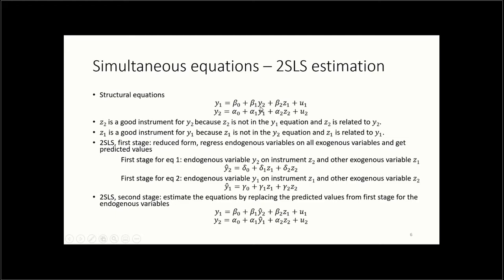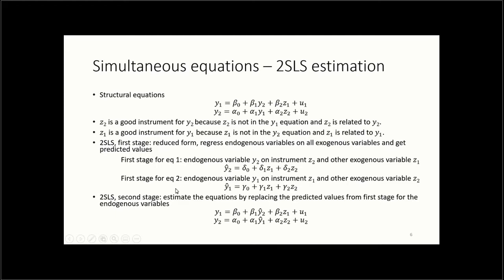So the first stage would be to regress this variable, y2, on the exogenous variable that we have in the same equation, as well as the instrument coming from the other equation, z2. And so now we could get the predicted values here, which is y2 hat. So the predicted values for the endogenous variable.